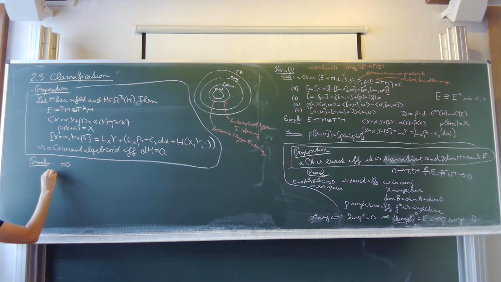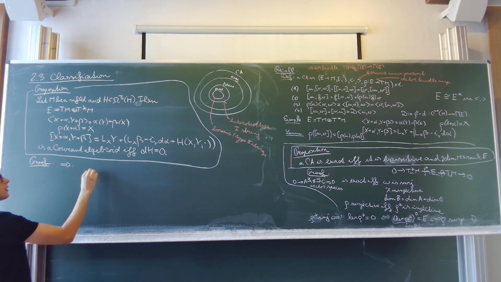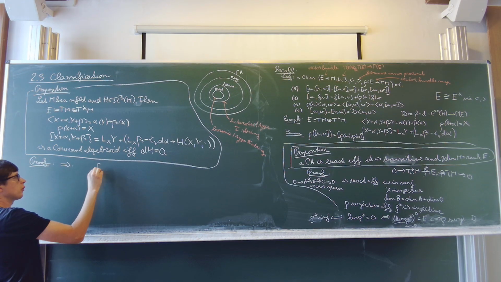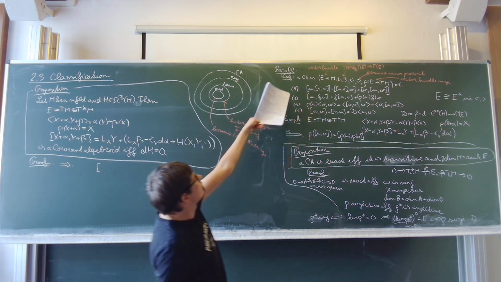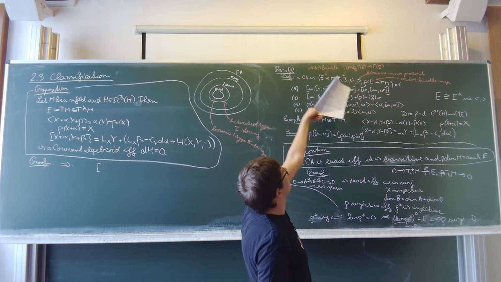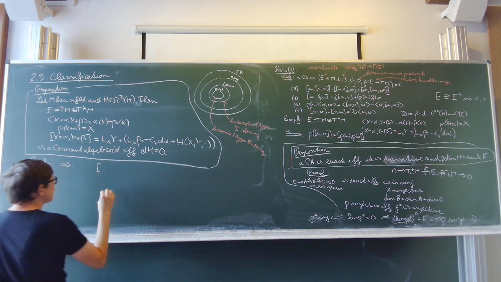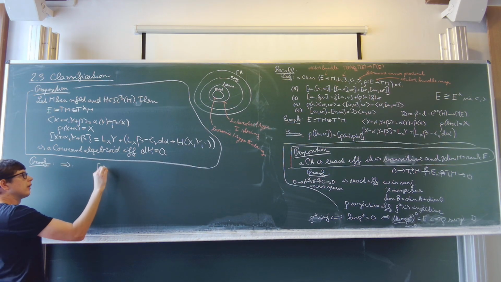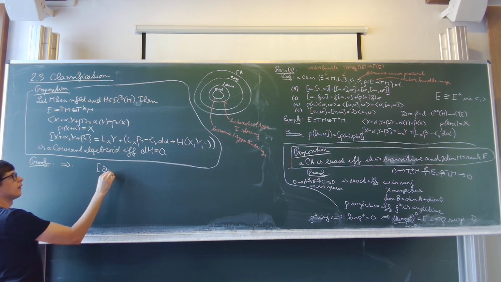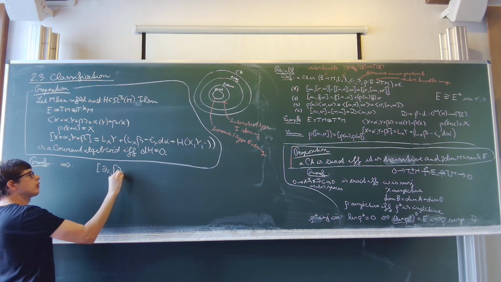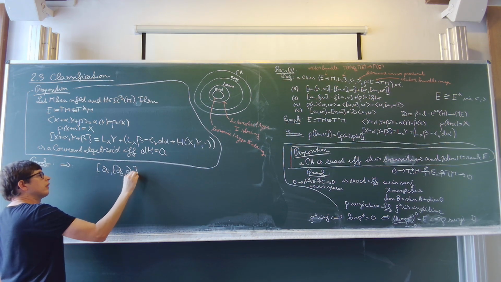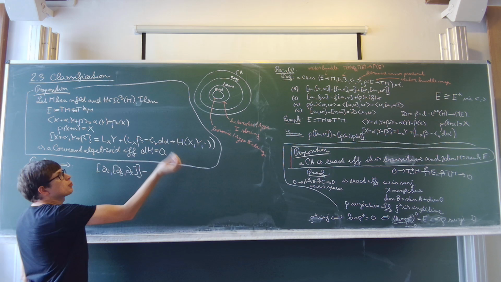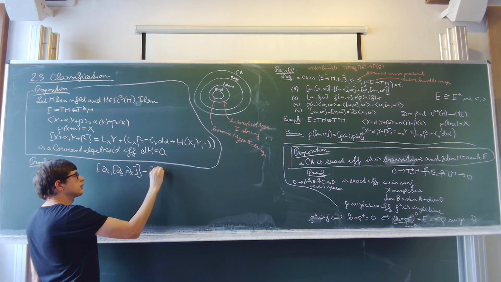So let's say I want to calculate this first axiom for this expression for coordinate vector fields. So you take partial I, partial J, partial K, and I put it on one side.